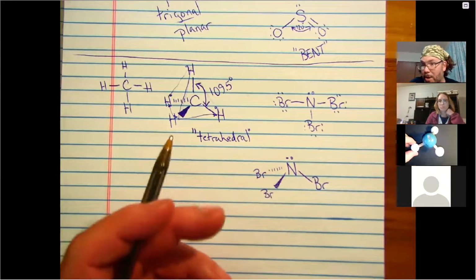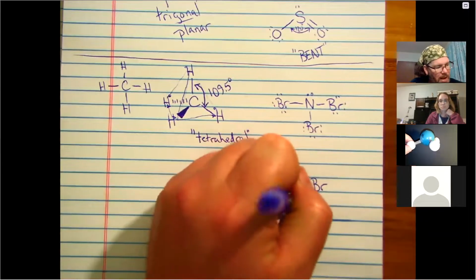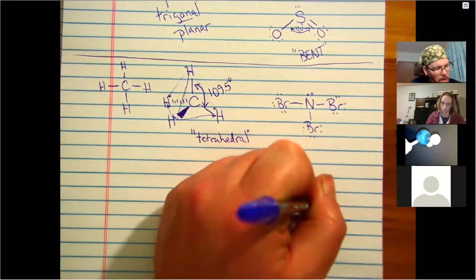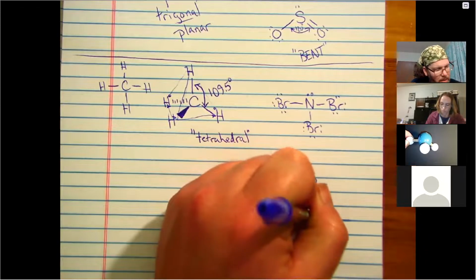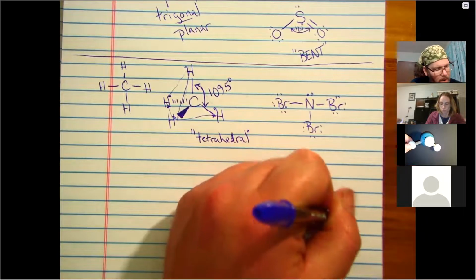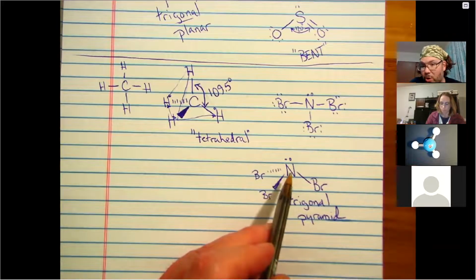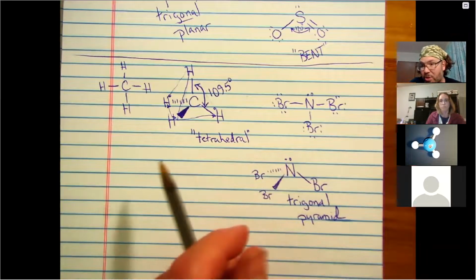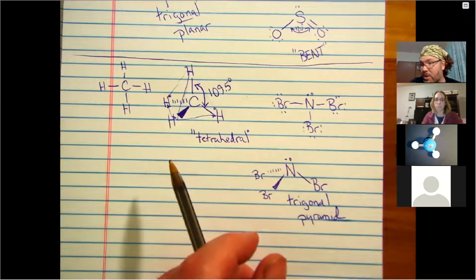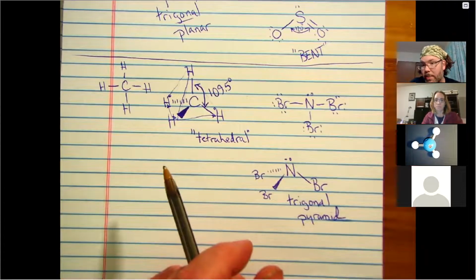So a 3-sided pyramid, we give this the name trigonal pyramid. That's the name of our shape. Whenever we have a central atom with 4 electron groups, where 1 out of the 4 electron groups is a lone pair, it's always going to be trigonal pyramid.